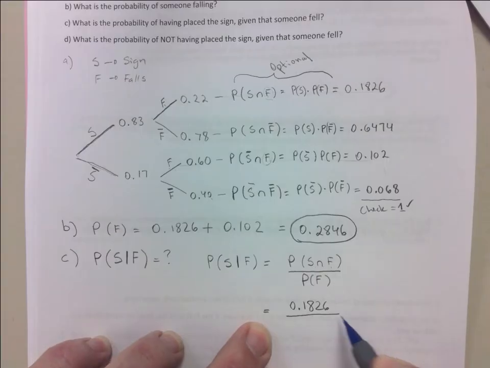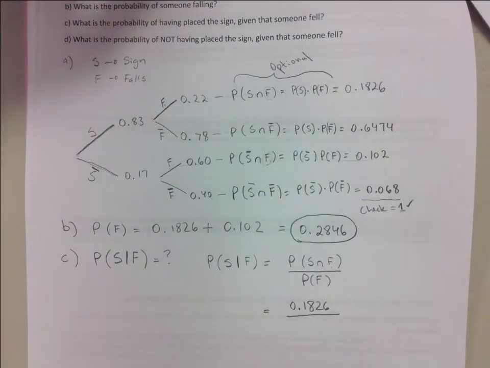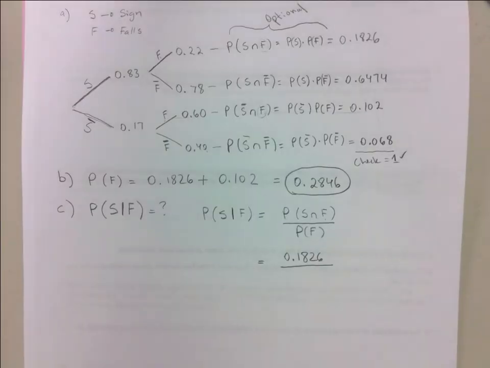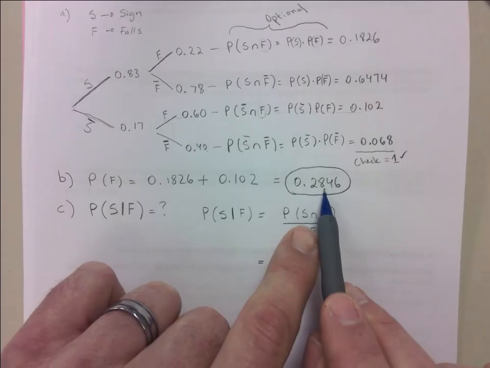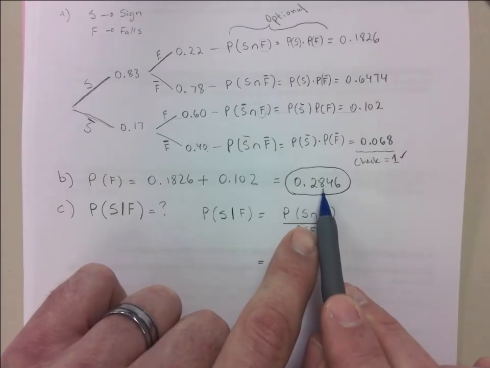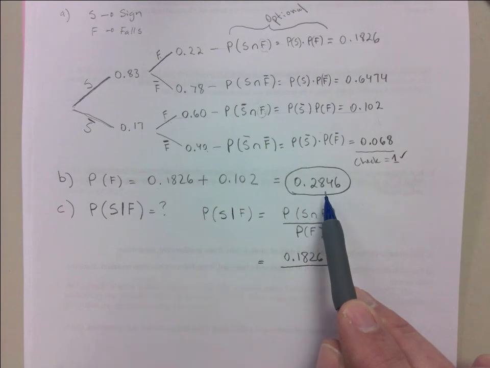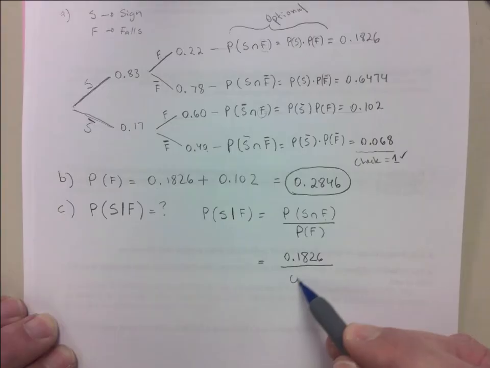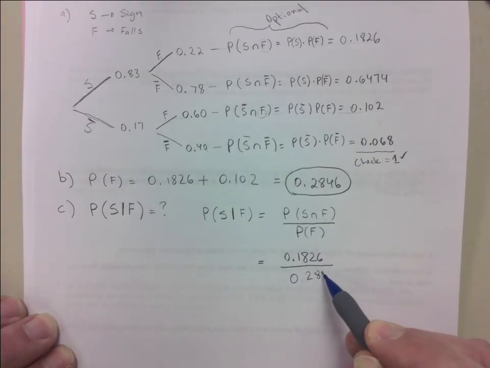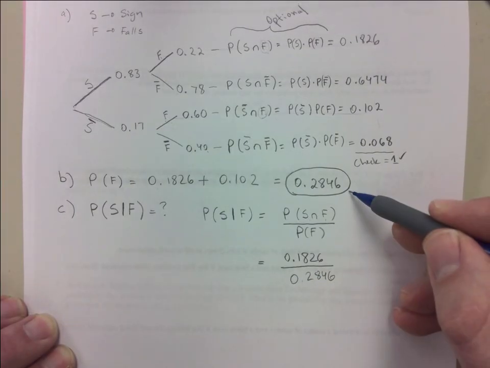Divided by what is the probability of falling in this case? Yes, we already did that before. If I hadn't done that, then this would be your cue to go find it. So this would be 0.2846.